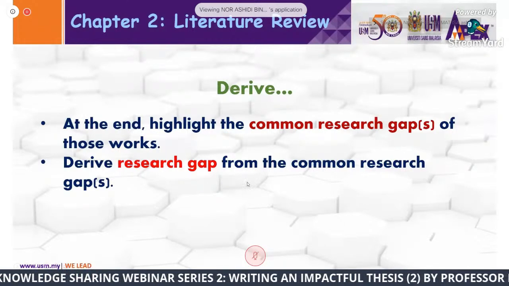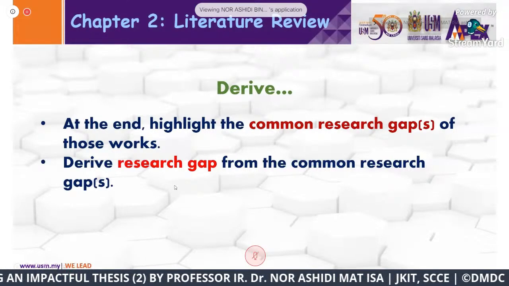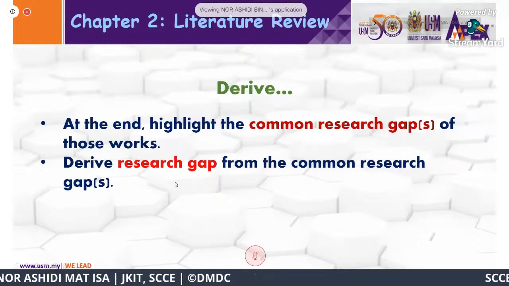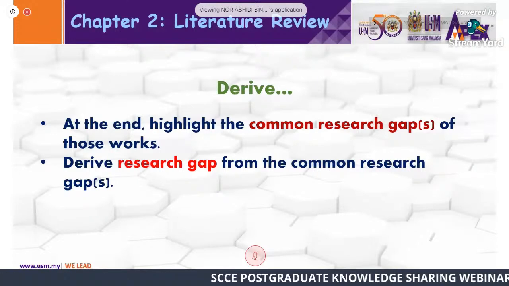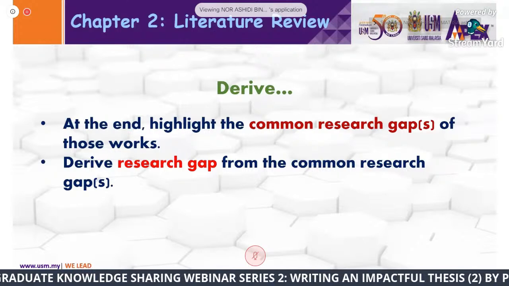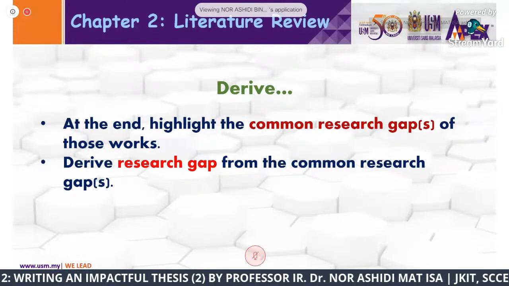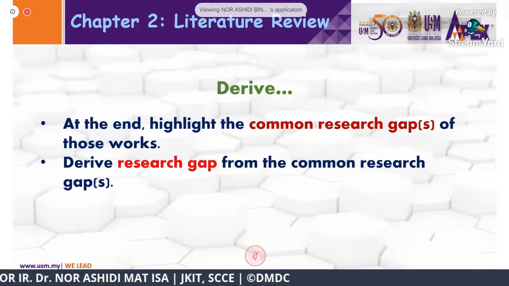This is very important because the derivation of the research gap will show the direction of your research work. Whatever the information about the methodology, the research, or the discussion, examiners and readers will point back to your research gap. So you must clearly make sure that this is your research gap to be focused on.